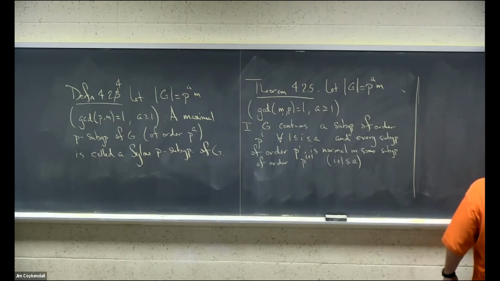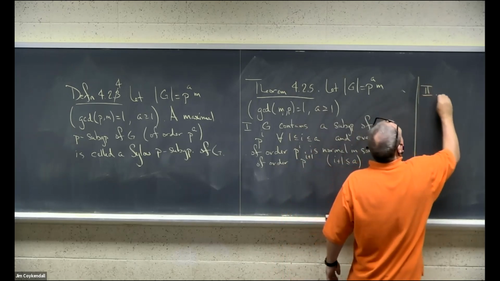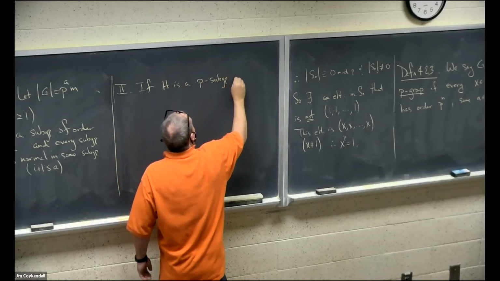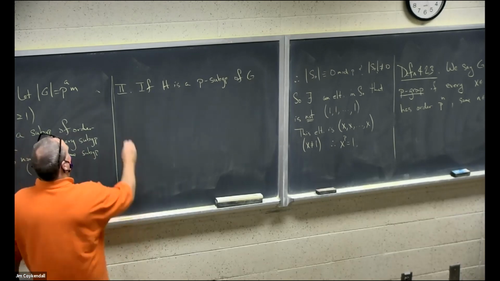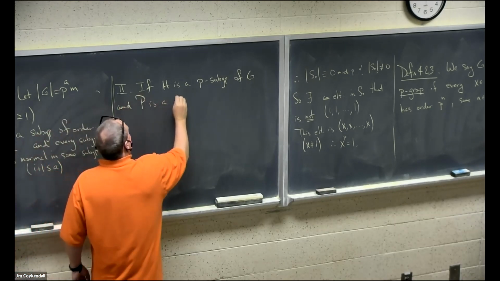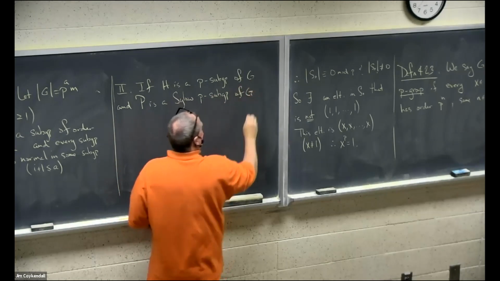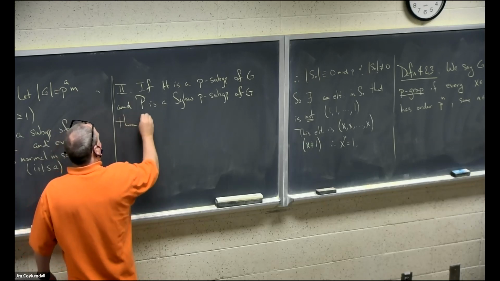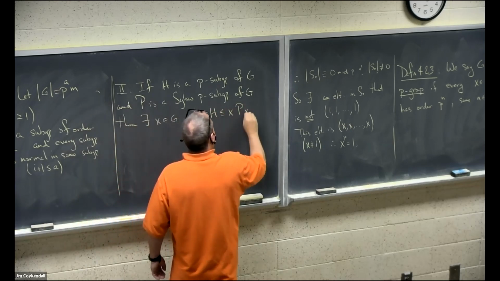Okay. Number 2. So the first one guarantees you that a Sylow subgroup exists, because in particular, you've got a subgroup of order P to the A. Number two, if H is a P subgroup and P is a Sylow P subgroup of G, then there is an X in G such that H is contained in X P X inverse.